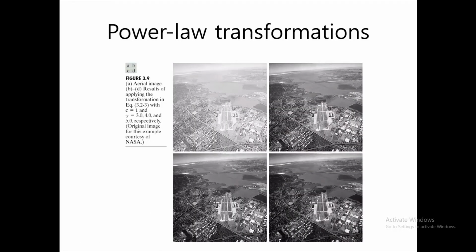Similarly, with different values of gamma, the original image looks blurred, and some of its content cannot be seen clearly, but in the power law transformed image, with gamma set to 3, 4 and 5 and C set to 1, we can see it. And this is all about the power law transformation.